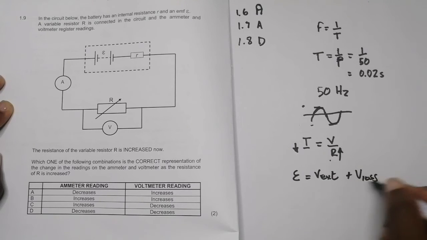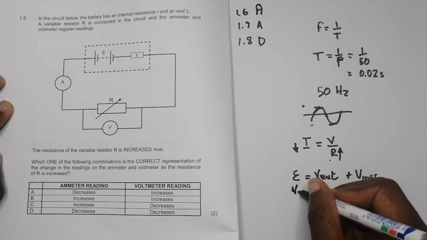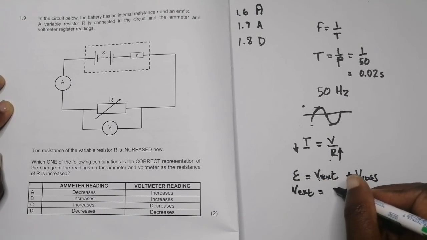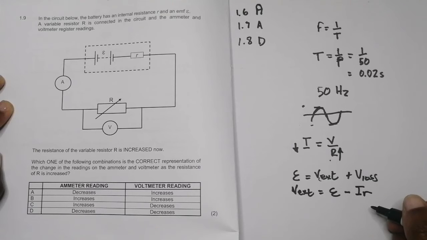So V external is equal to EMF minus the V loss, or V internal. And remember that V internal is I multiplied by small r, which is the internal resistance.